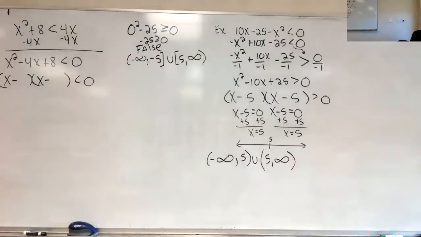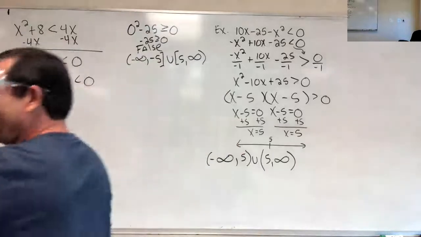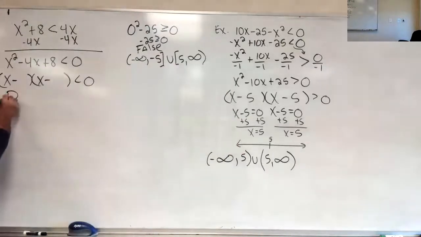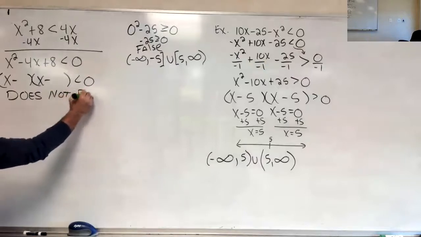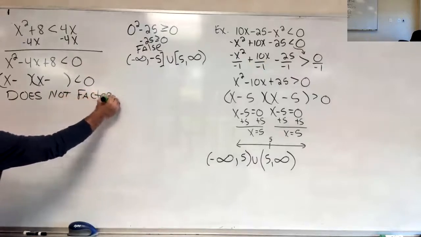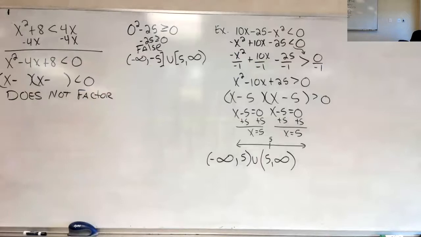So guess what? This does not factor. And anytime you got one of these that cannot factor, or if you use the quad and it gives you radical answers or imaginary answers, this has no solution.